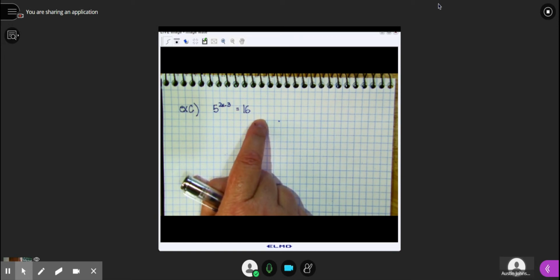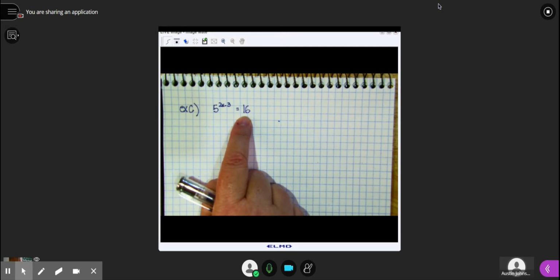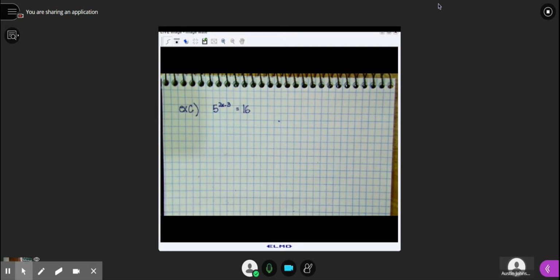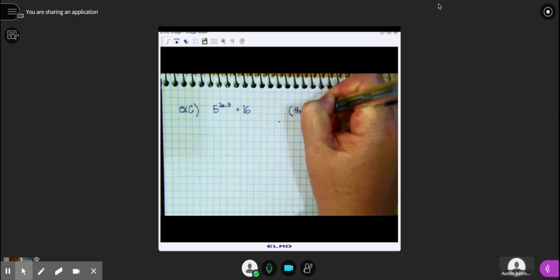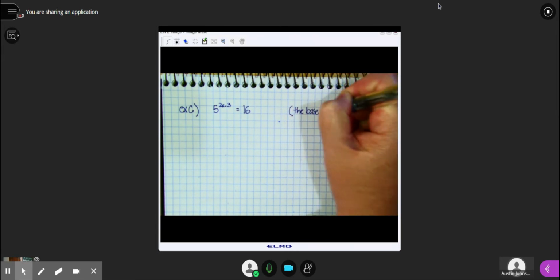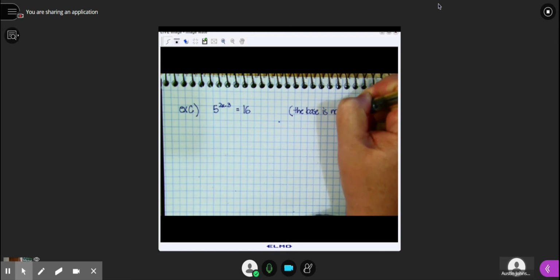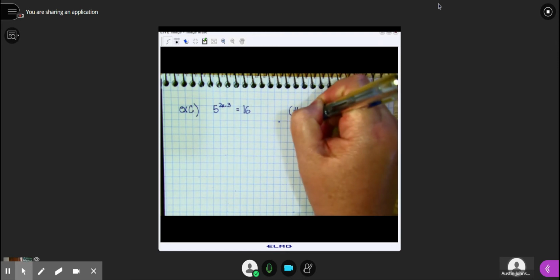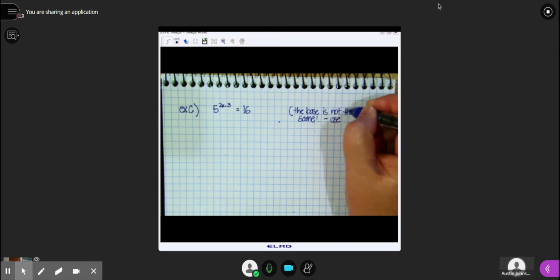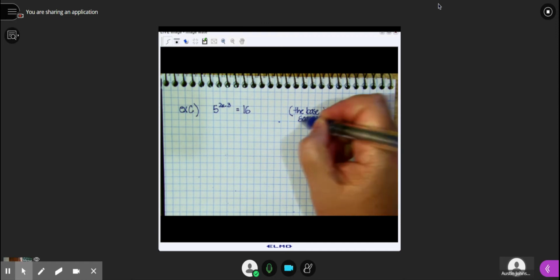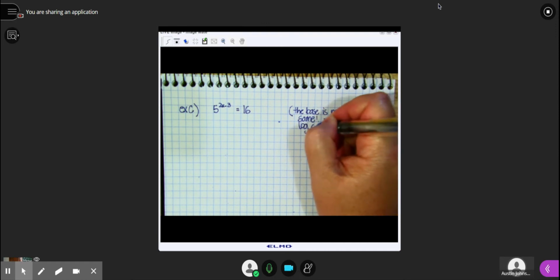So what we do in this case, when we do not have the same base, is we use one of our common logs. So we use the common log, or we can use ln.